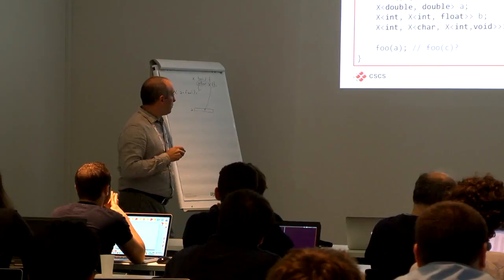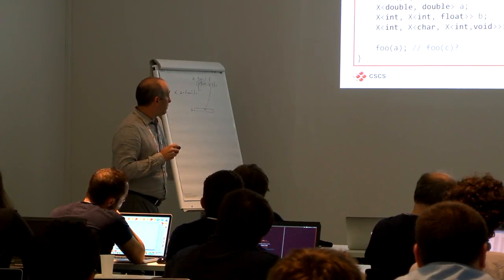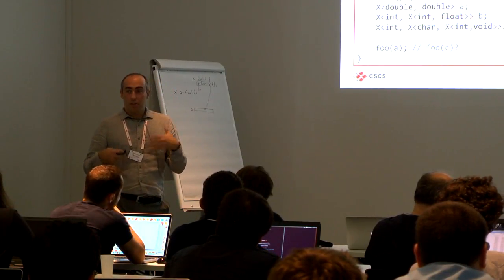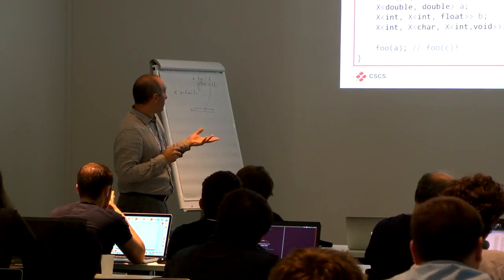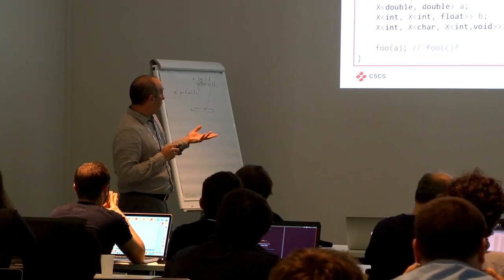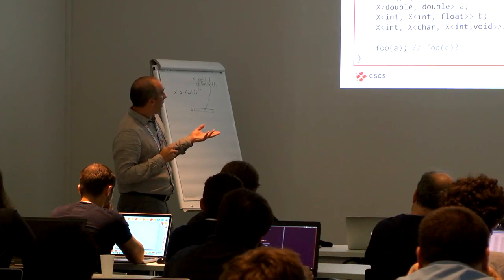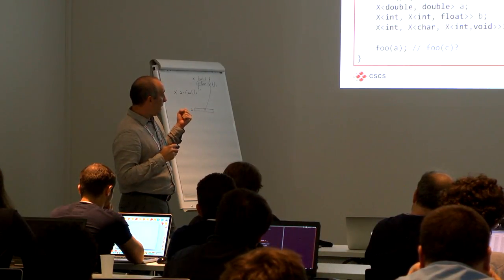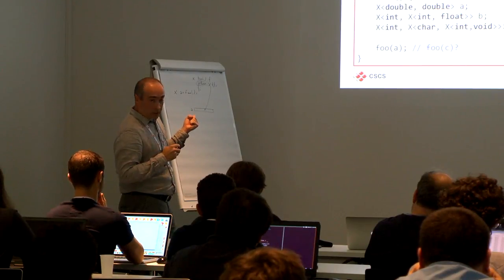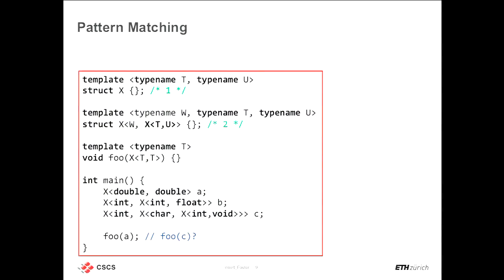If I call foo of A, and A is a double and double, this is another case in which a string matching kicks in. A is of type X double double. Foo takes a single template argument T, but it expects a type X of T and T, in which the 2 arguments are the same. Is it clear how that works? It's basically doing kind of string matching.